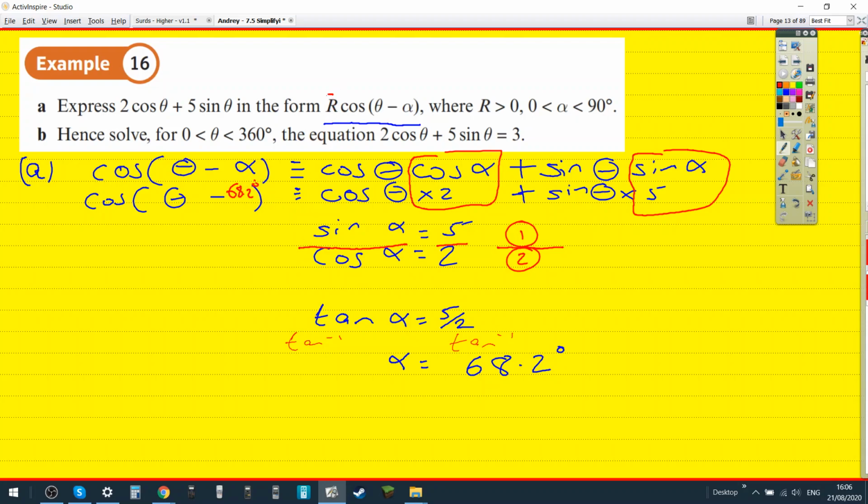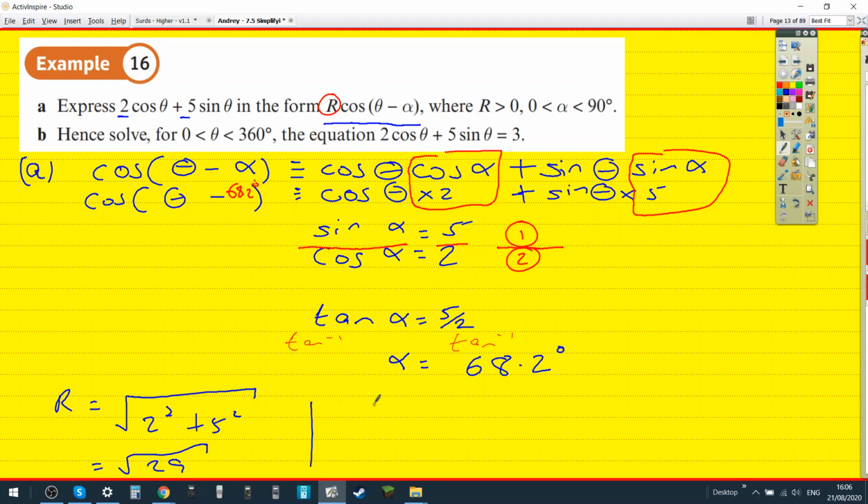We want R, the number in front. Do you remember how you get that? Do I need to factorize? Pythagoras with 2 and 5. So I need to do the square root of 2 squared plus 5 squared. And so will that be the square root of 29? Yep.